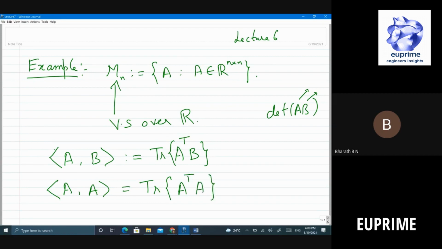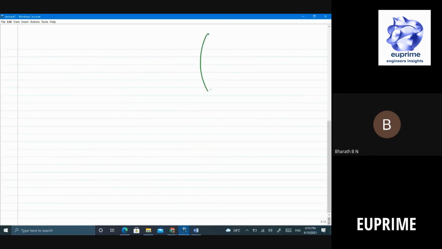Okay, what do you get in the first 1,1 entry? What is the first entry in the diagonal if I look at A transpose A? Let's write the picture. You have this big matrix. Let's look at the first column of this. This is A, right?